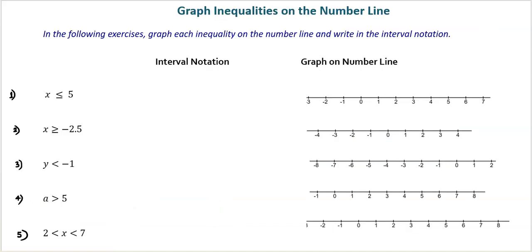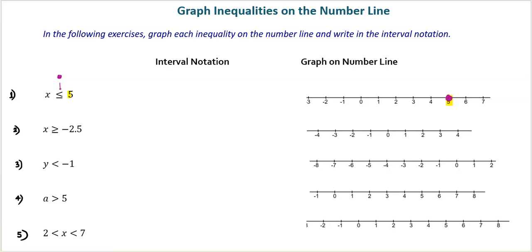Now, what you have to do is locate the point 5. Where is the point 5? The point 5 is here on the number line. Since this is less than or equal to, the circle will be filled. So at this point, you will make the filled circle.